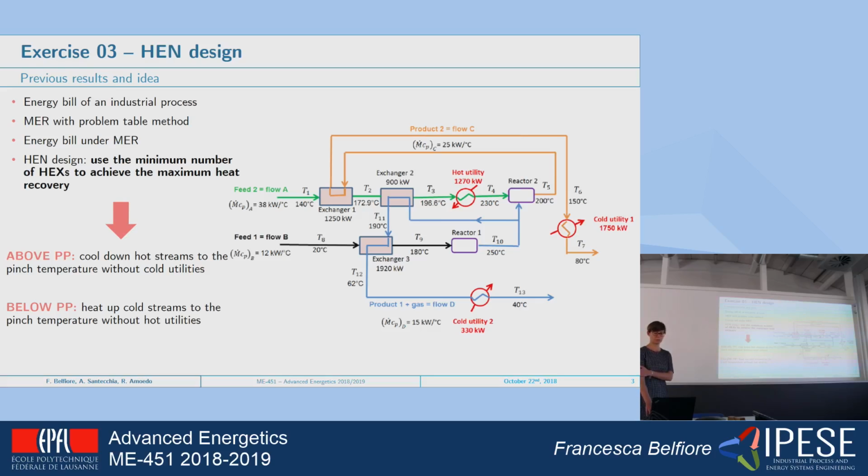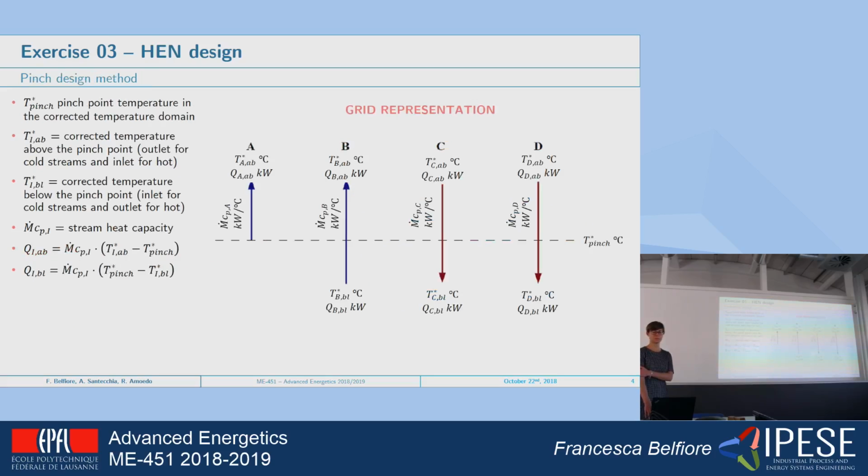The first step is to represent your streams with the grid representation, so you can switch to the corrected temperature domain. You have already computed your pinch point for the minimum temperature difference that you've chosen, and you can sketch all the cold and hot streams. For example, here AB stands for above the pinch point and BL for below the pinch point.